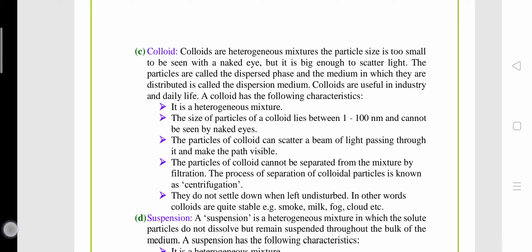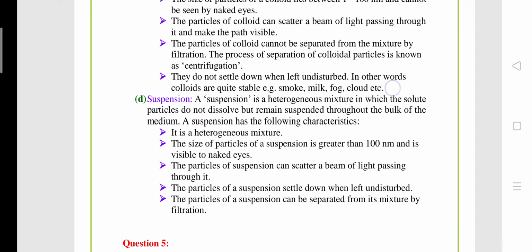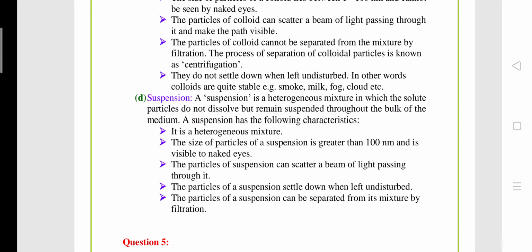Colloidal solutions are heterogeneous mixtures, and the particle size is so small that we can't see these particles with the naked eye, but they are big enough to scatter light, so they show the Tyndall effect. And a suspension is also a heterogeneous mixture in which solute particles do not dissolve but remain suspended throughout the bulk of the medium.